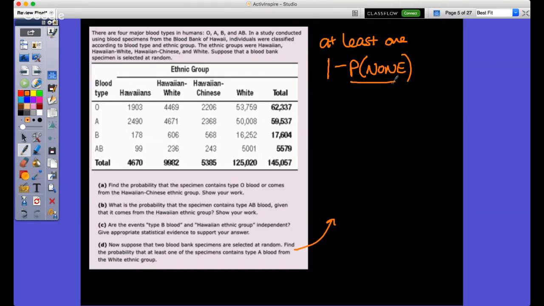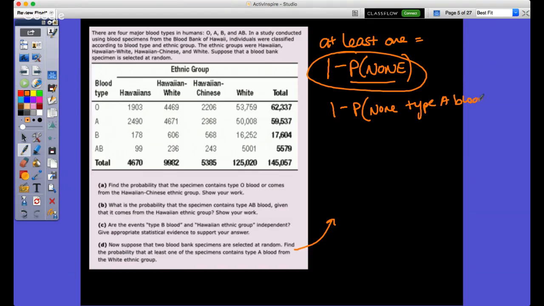It really is everything but the probability of none occurring. So when we think of at least 1, think of this as equal to 1 minus the probability of none happening. So when it says that at least one of them contains type A blood from the white ethnic group, it's really 1 minus the probability that none of them are type A blood and from the white ethnic group, okay?